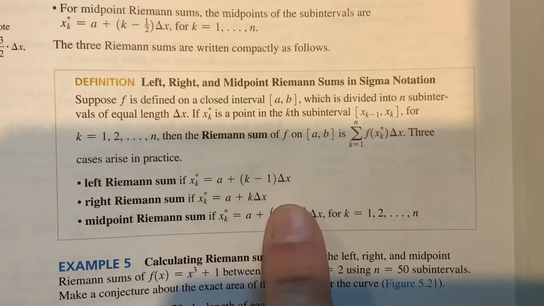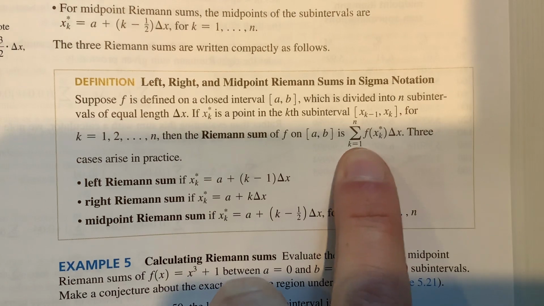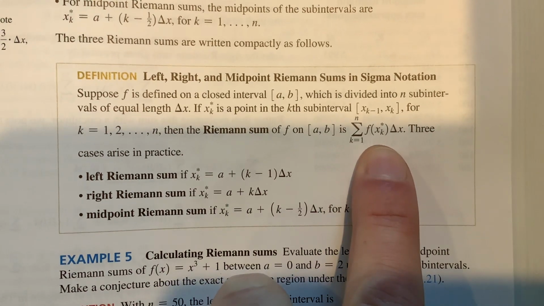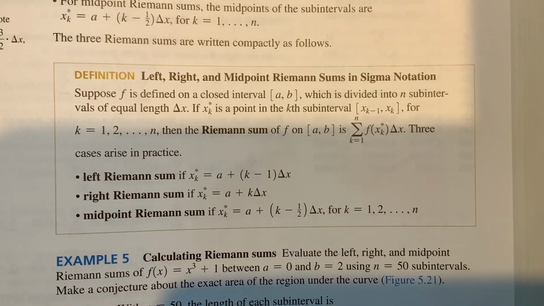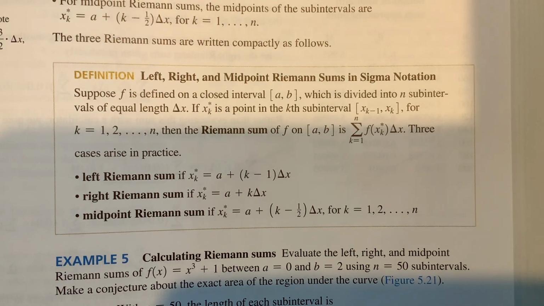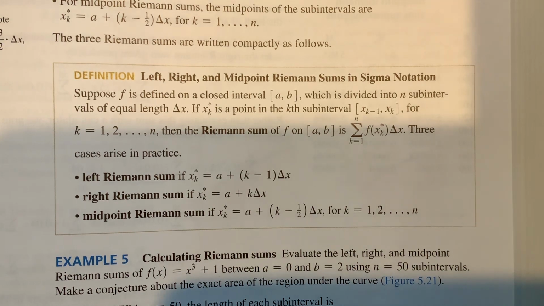I'm gonna re-say this in a second, but remember what we're doing with Riemann sums, and that is finding areas of rectangles and adding them up. The reason we're going to sigma notation is because we need a more efficient way to generate all of these areas and add them up compared to just hand doing it all the time.